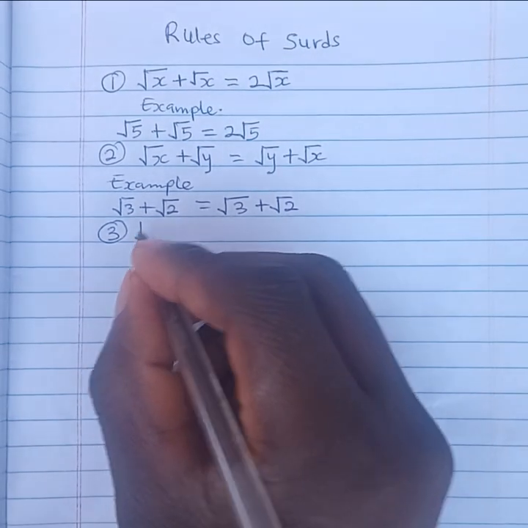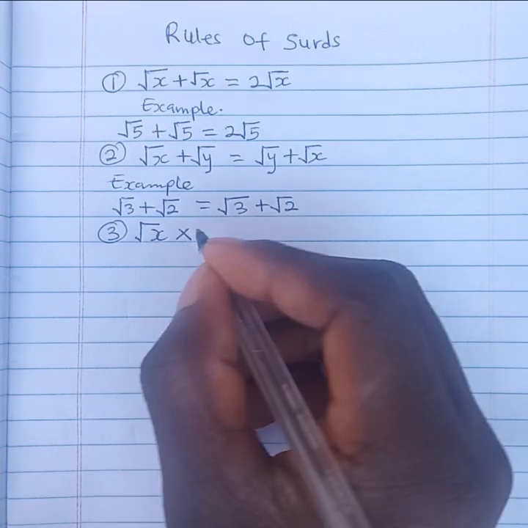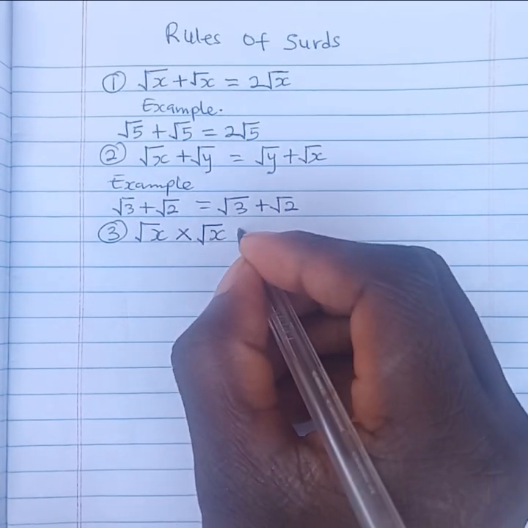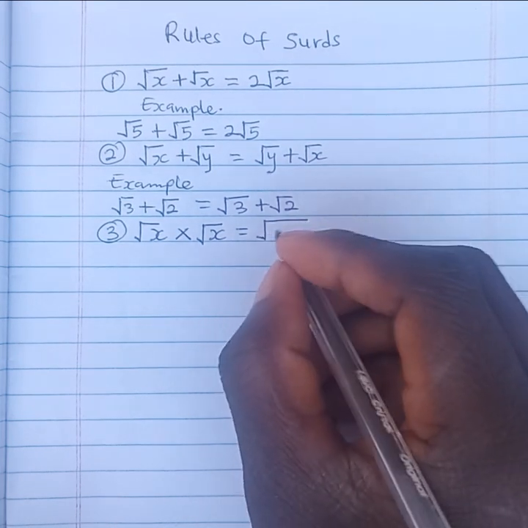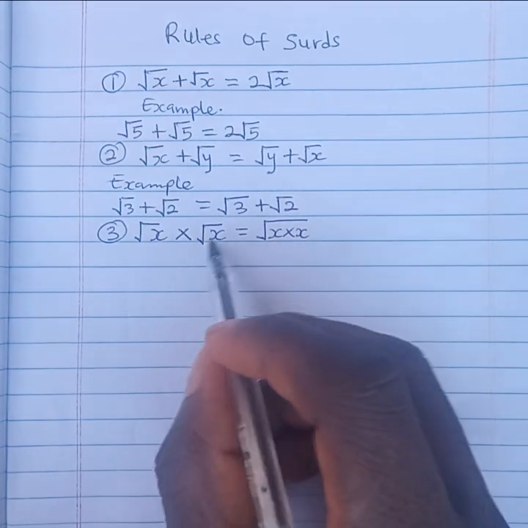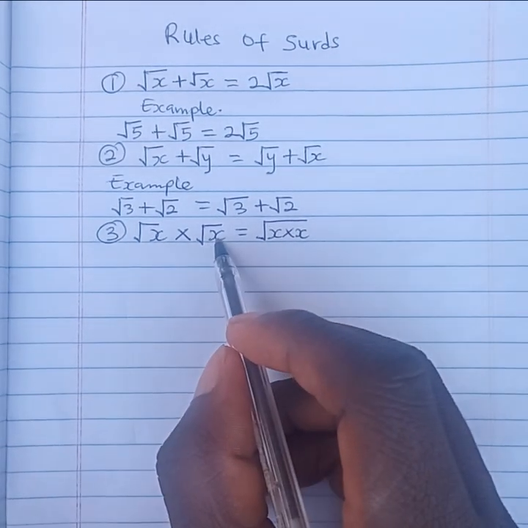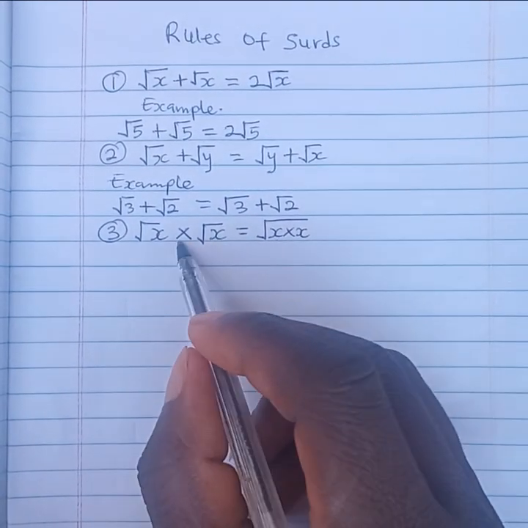When you have square root of x times, which is multiplication, square root of x, this will be equal to square root of x times x. Since the figures under the square root, the alphabets here, are the same, you can multiply.